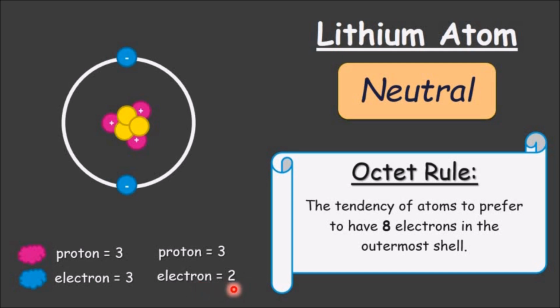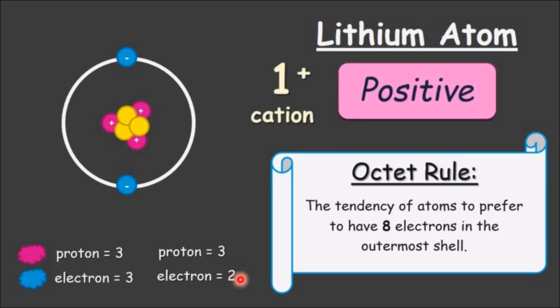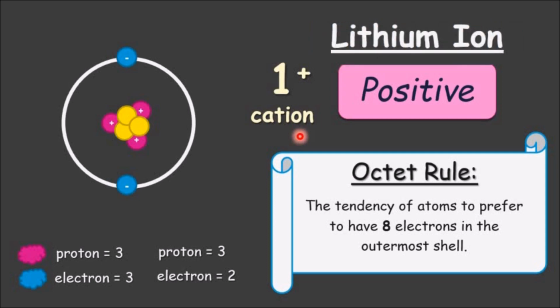So it means that we have more positively charged particles in the atom than negatively charged, which makes the lithium atom positively charged, with a charge of positive 1, since we have an excess positively charged particle. And we know already that a positively charged ion is called a cation. So this makes the lithium atom into a lithium cation.